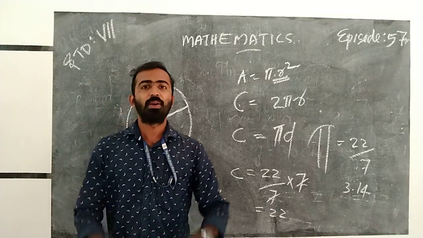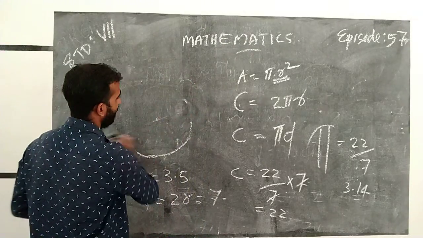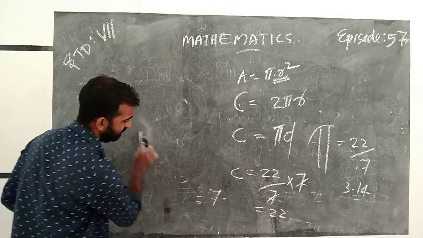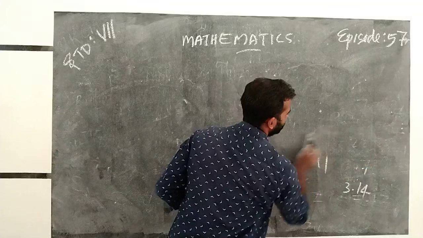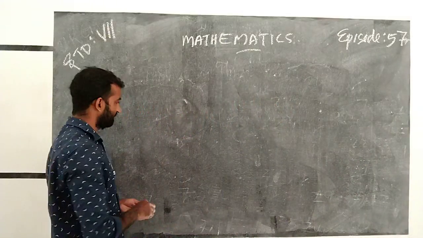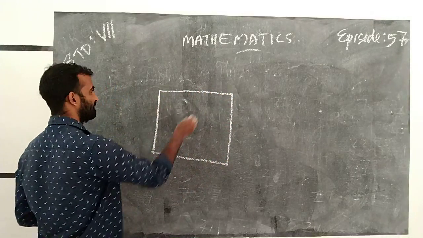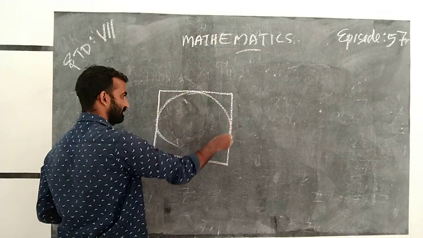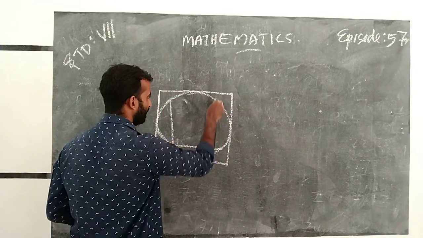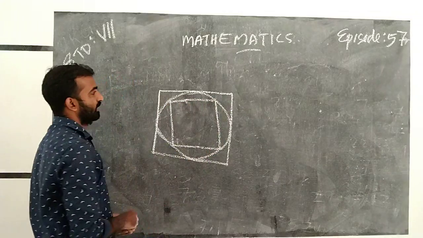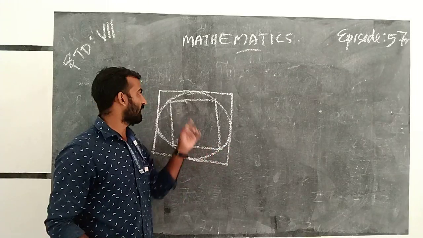The figure is here: the outer is a square, and the inner is a square and a circle.